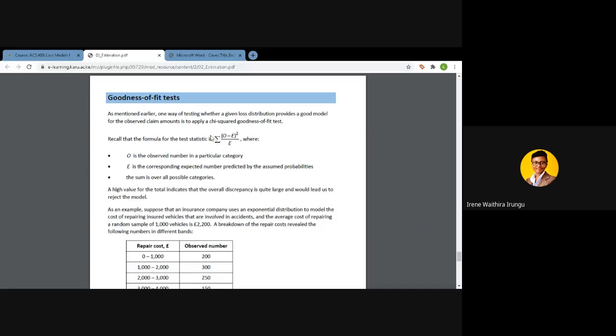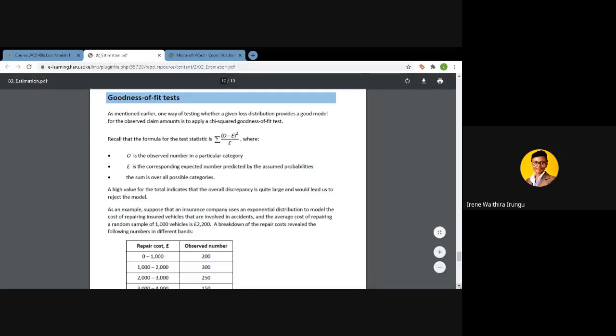Ideally, we will have assumed a certain distribution which gives us the expected number of claims, which we can predict using certain probabilities. But over the years we observe actual observations which will deviate from what we predicted. So to evaluate whether we should continue to use a certain distribution, we will use the chi-square test.